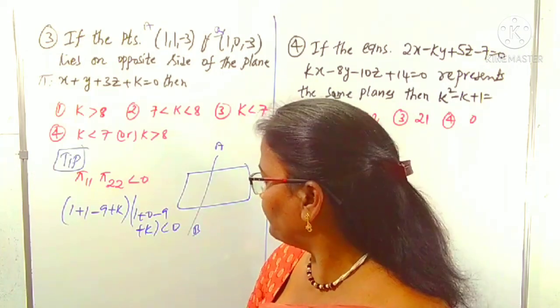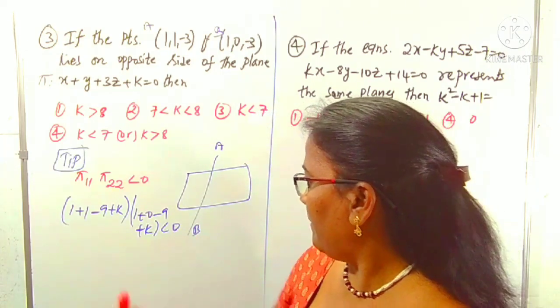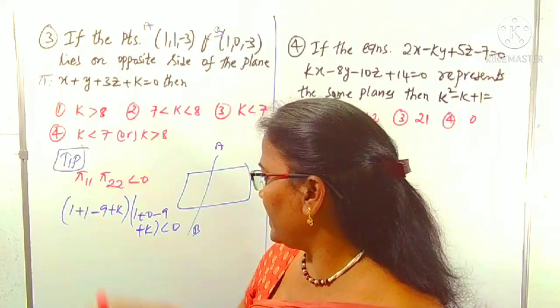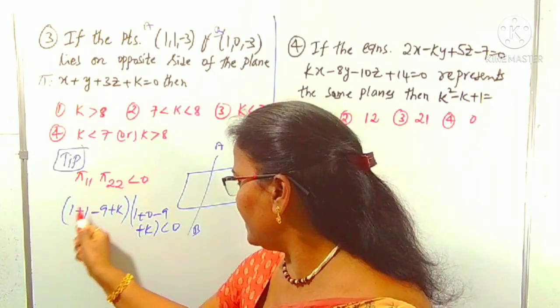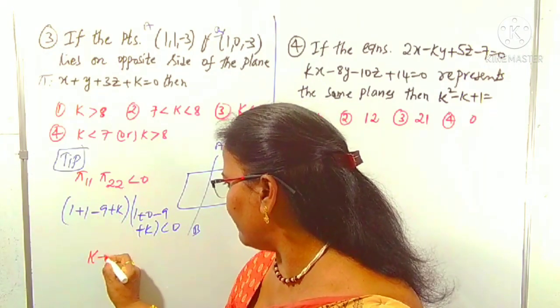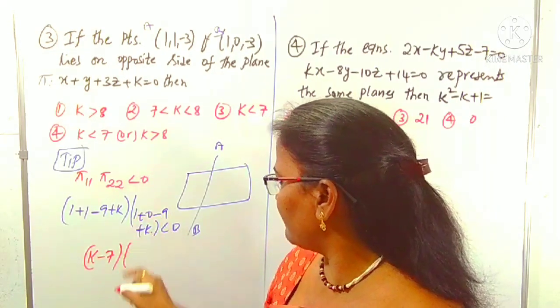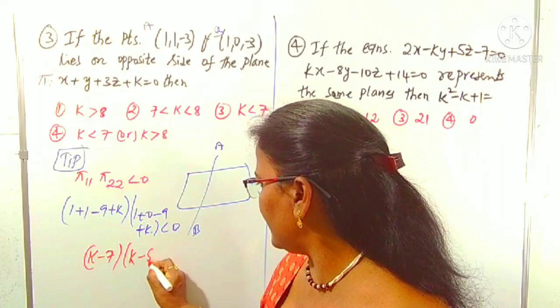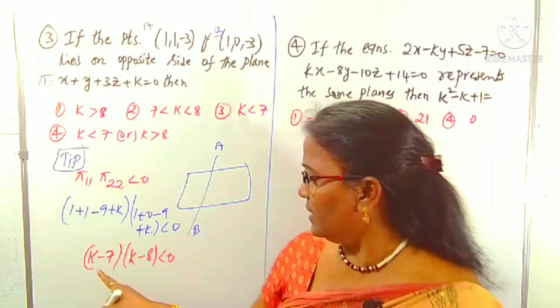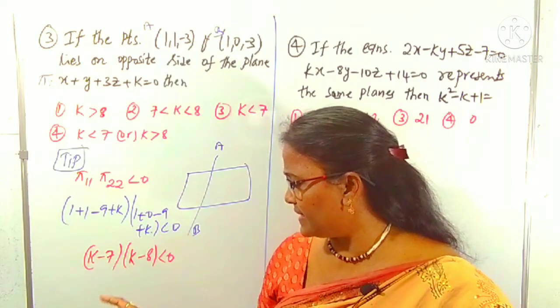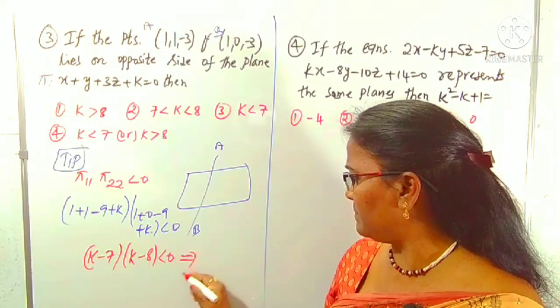Here 1 plus 1 is 2, 2 minus 9 is minus 7. So you can write the first bracket as k minus 7, into, what about the second bracket? k minus 9 plus 1 is minus 8. k minus 8 is less than 0. So, when k minus 7 into k minus 8 is less than 0, do you know this concept?